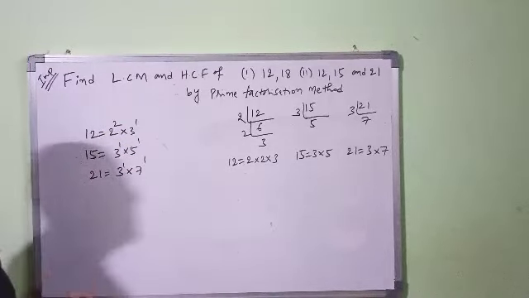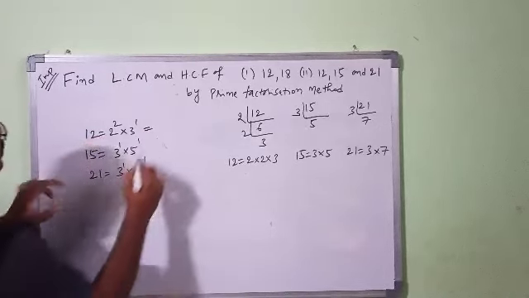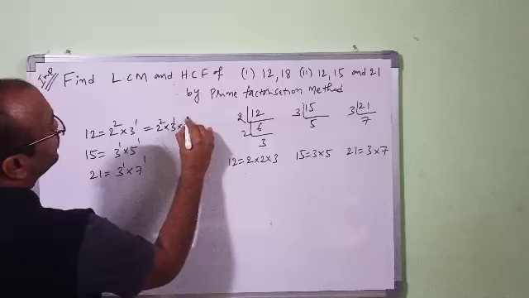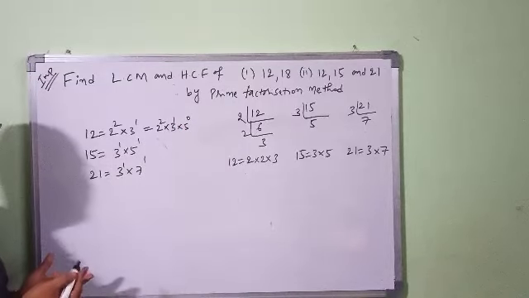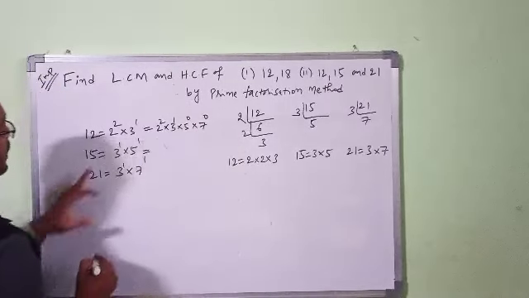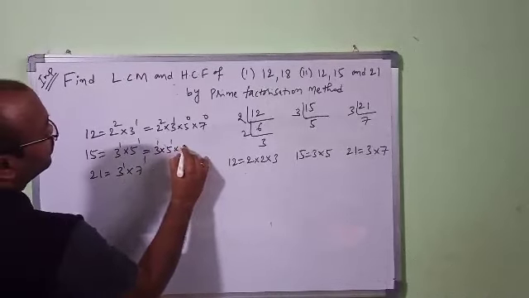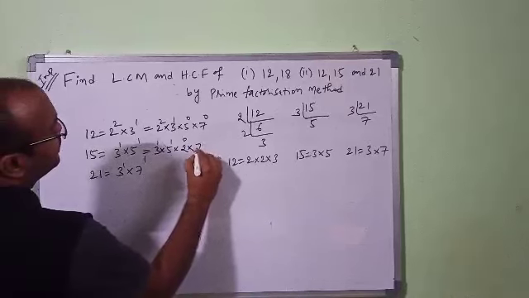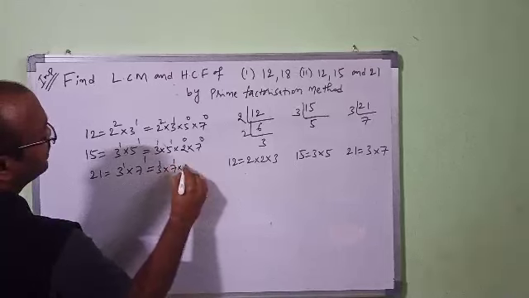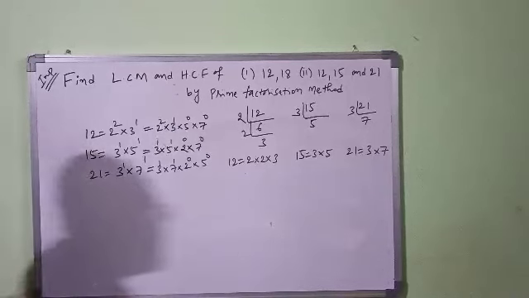So whenever the problem is like this, to make it easy, we will write like this. 2 square, 3 power 1 is there, 5 is not there, so we will take 5 power 0. Anything power 0 is 1. And 7 is also not there, so we will take 7 power 0. In the next, 3 power 1 and 5 power 1 are there, 2 is not there so I will write 2 power 0, and 7 is not there so I write 7 power 0. And again 3 power 1, 7 power 1 are there, 2 is not there so we take 2 power 0, and 5 is not there so we take 5 power 0. If you write like this, the problem will be very easy.